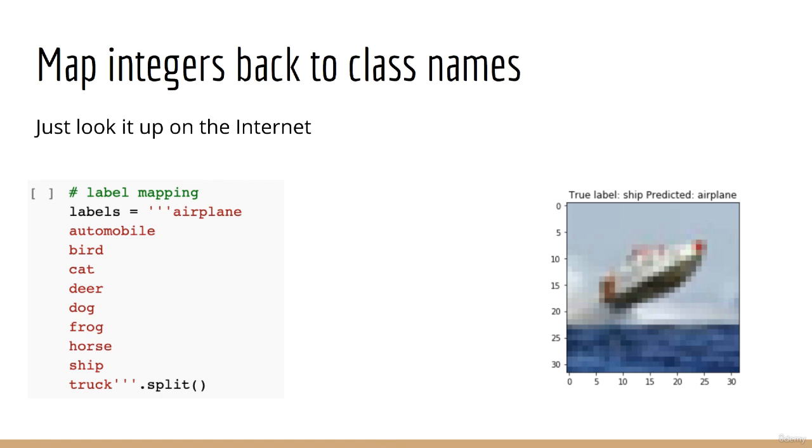For example, what if 0 is dress and 1 is t-shirt? Is that obvious? Of course not. I just did the easy thing and looked them up on the internet and hard-coded them as strings. This way, when we look at the misclassified samples, it won't say something like 0 is misclassified as 1, which doesn't really mean anything, but rather t-shirt is misclassified as dress shirt, which is more interpretable.